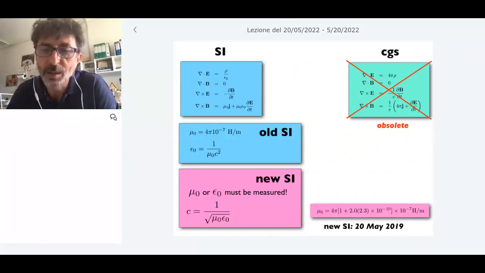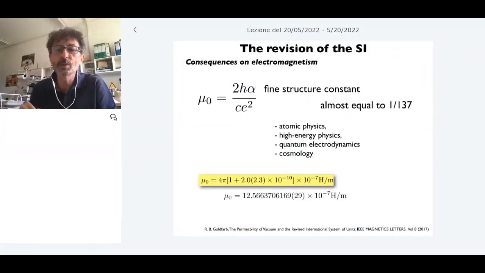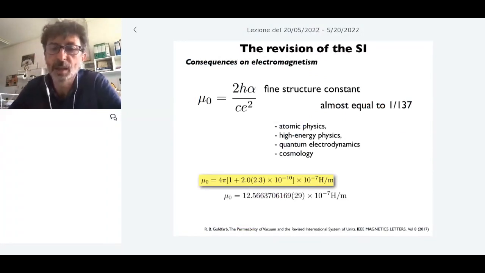This is quite beyond what we do here. The point is that there are relations involving mu0, the Planck constant, the speed of light, the elementary charge, and, for example, something else: the fine structure constant.